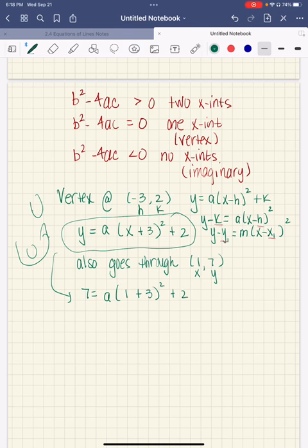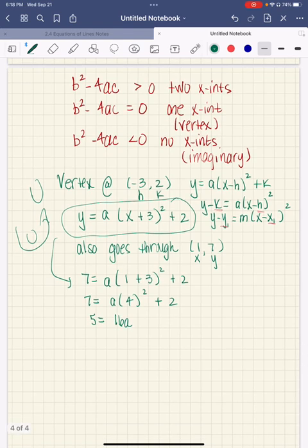Oh, I can solve for a now. This is 7 equals a times 4 squared plus 2. It's going to be kind of nasty, but it works. Subtract 2, you get 5. 4 squared is 16. Divide by 16.